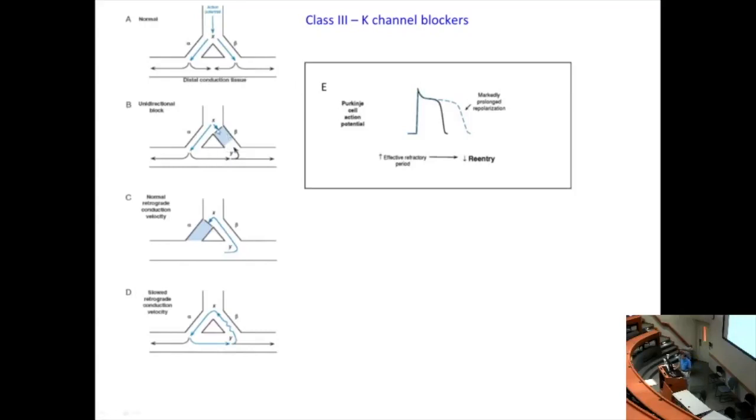Well, if you get an area of ischemia in what would normally be conducting tissue, this alpha and beta pathway, they don't conduct action potentials at the same rate. You get what's called a unidirectional block. And what that means is that the action potential splits at X, but it can't go down this beta pathway. It only goes down the alpha.